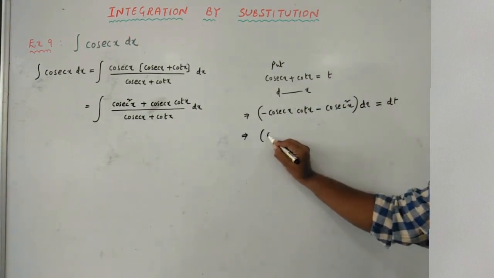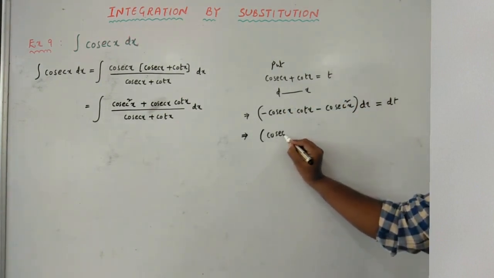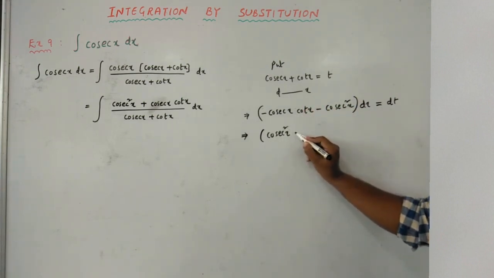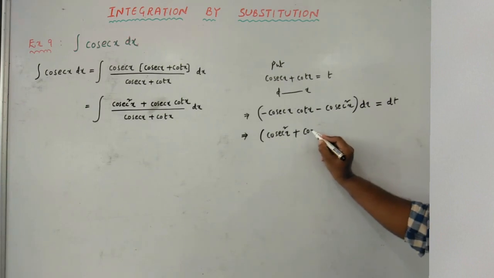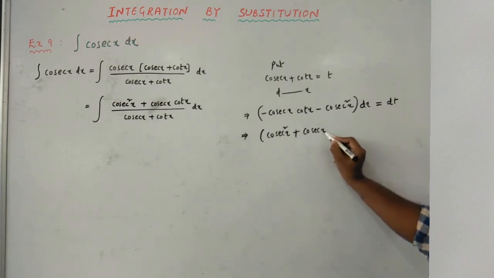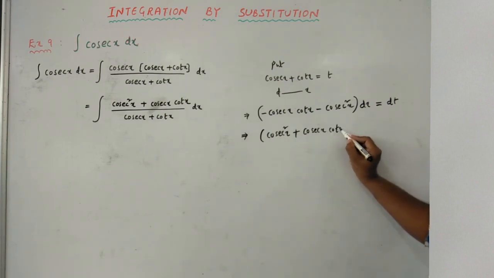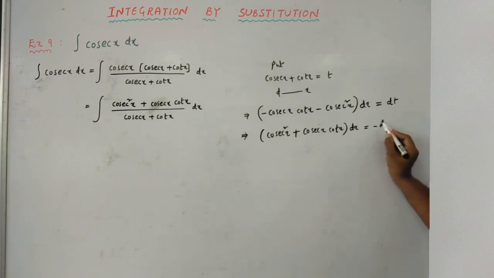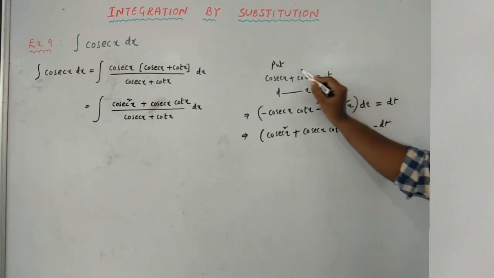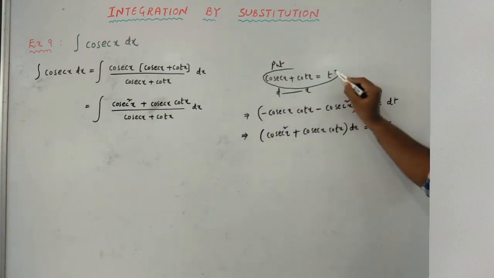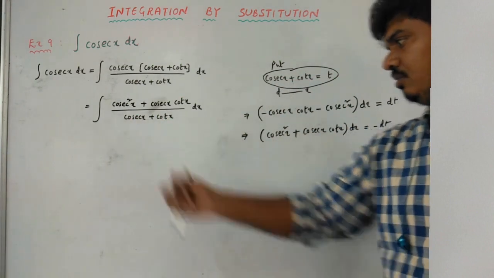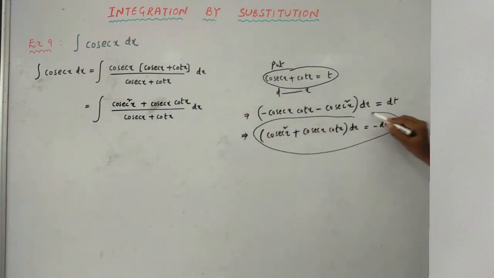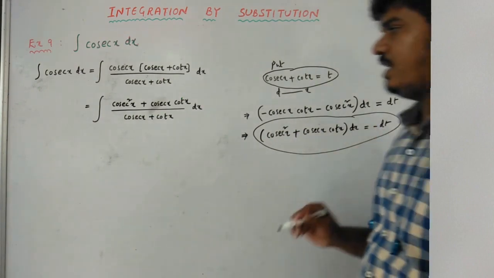So this becomes cosecant square x plus cosec x cot x, dx, equal to minus dt. Cosec x plus cot x can be replaced with t, and cosecant square x plus cosec x cot x dx will be replaced with minus dt.